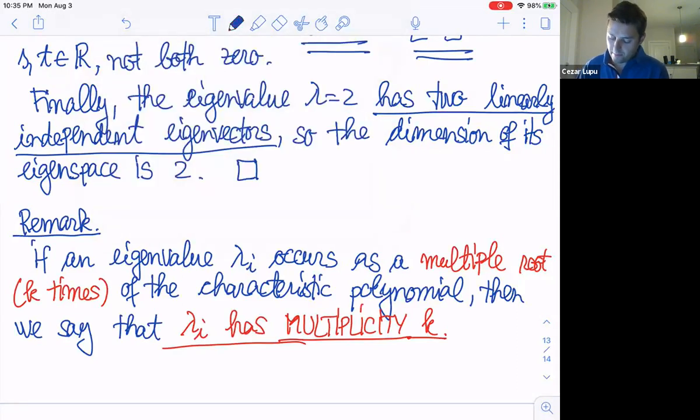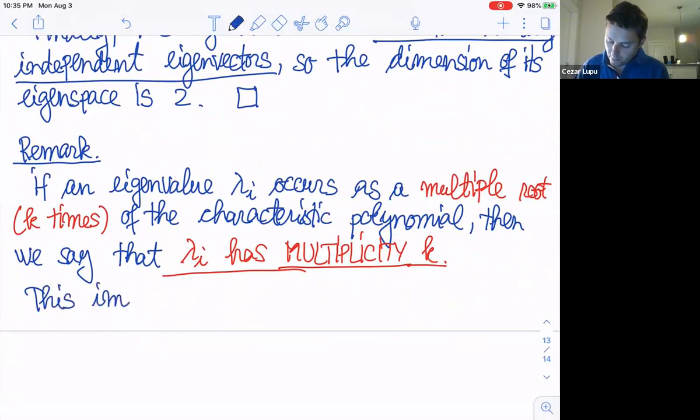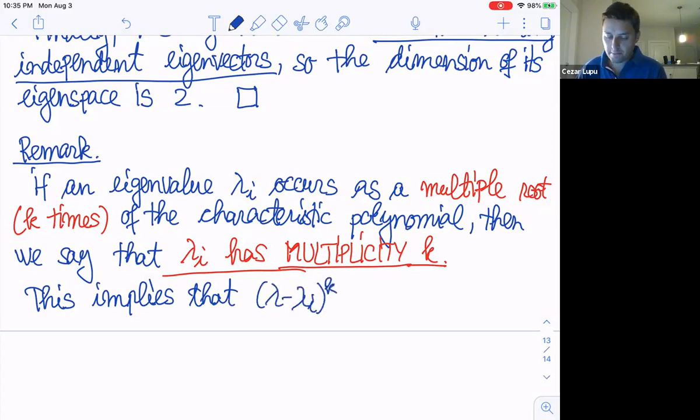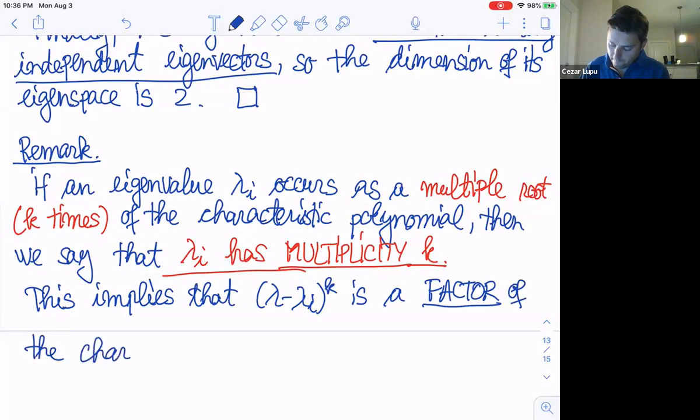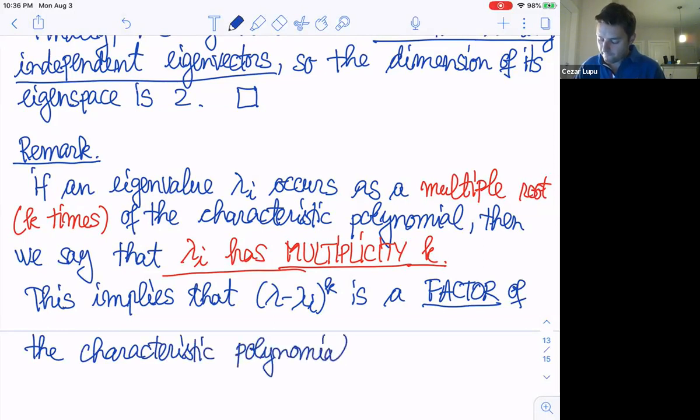Well, I can say even more. This implies that lambda minus lambda I to the power k is a factor of the characteristic polynomial, and lambda minus lambda I to the power k plus 1, right?